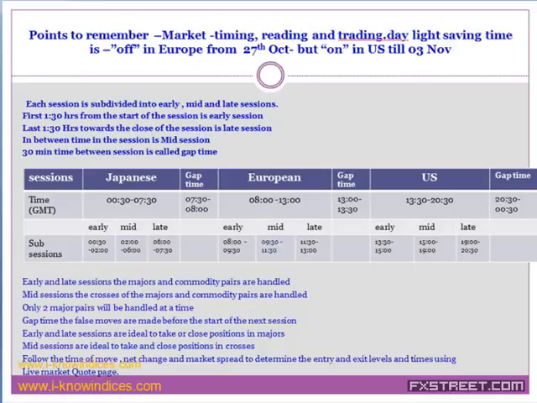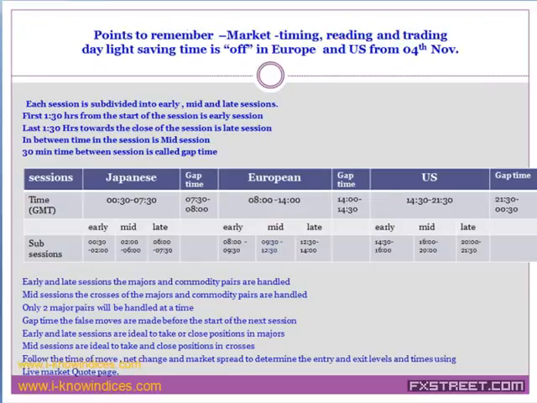Then from 27th or 28th of October, the European session will get reduced, and the Japanese session will get extended by 30 minutes, and the US session will remain as usual in the daylight saving system till 3rd November. Then afterwards, from 4th of November, the new standard time is going to be followed in the market.